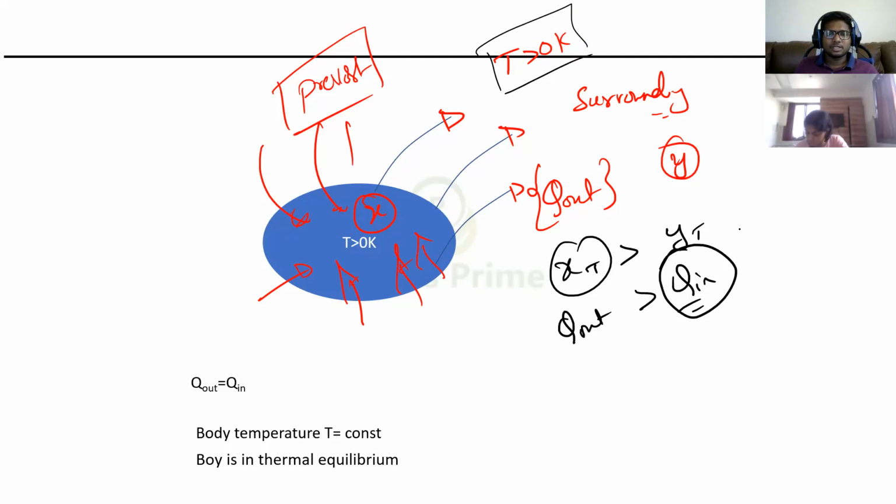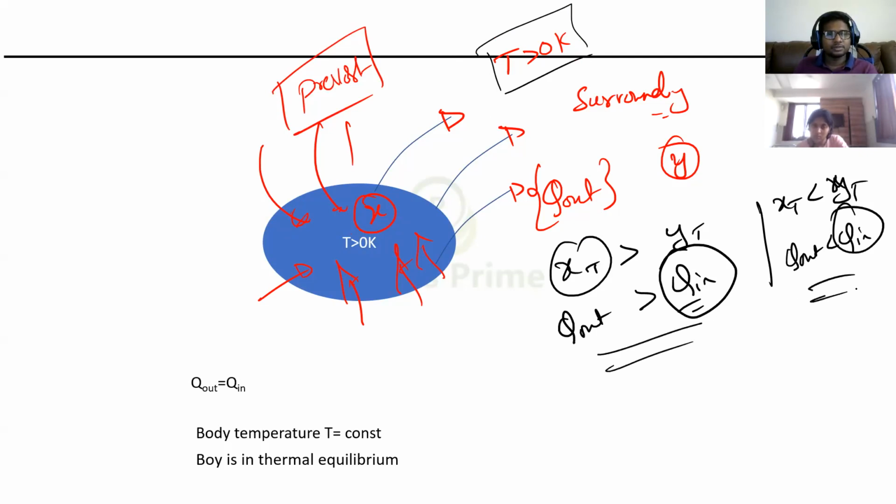Got it? So now suppose X temperature is lower than Y temperature. The body will also radiate, surroundings also will radiate, but here Q out will be less than Q in. Got it? Here more energy will be absorbed, less energy will be radiated. Are you able to relate both of them?